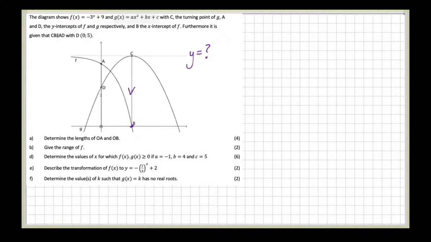Now, how do I analyze f(x)? Well, f(x), first of all, that negative in front of the 3 to the x means that it lies under my asymptote. The 3, because it is bigger than 1, it goes away from the asymptote. So it makes sense.